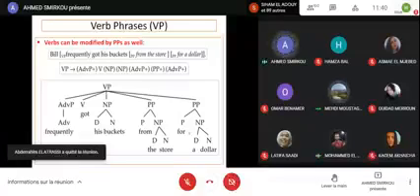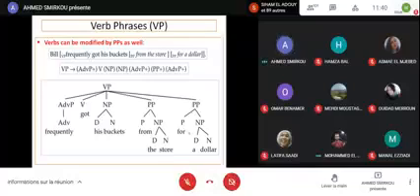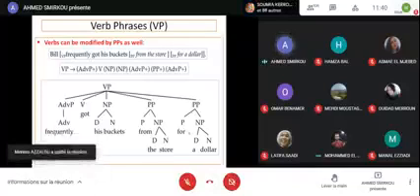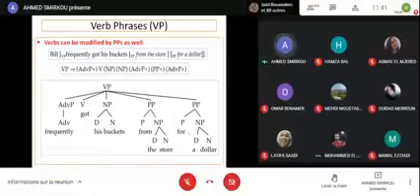Okay, thank you, sir. Professor, yes, Mr. Mohammed? Can you share with us those slides? I don't think so. Why? Because everything is in the book. This tree is in the book. This rule is in the book. The sentence is in the book.